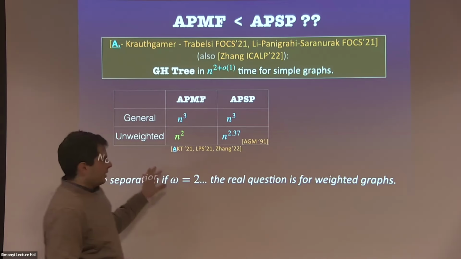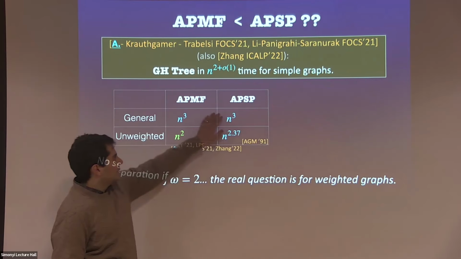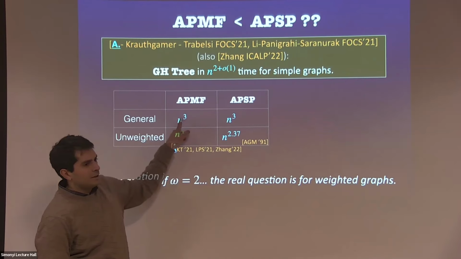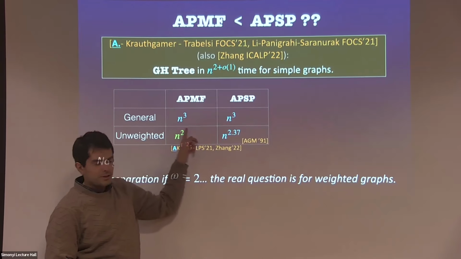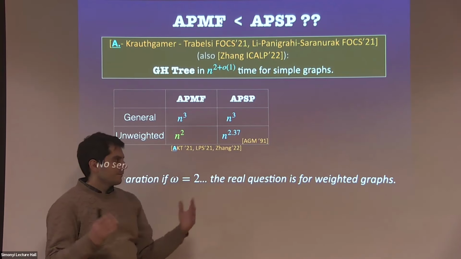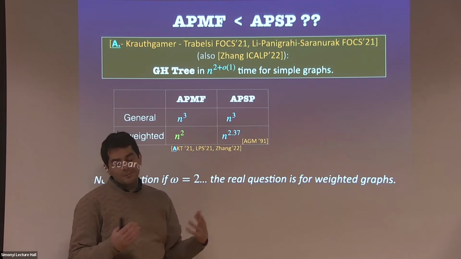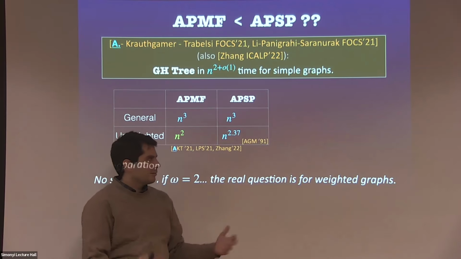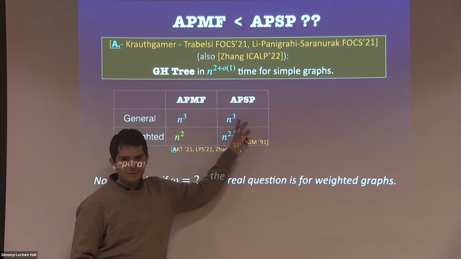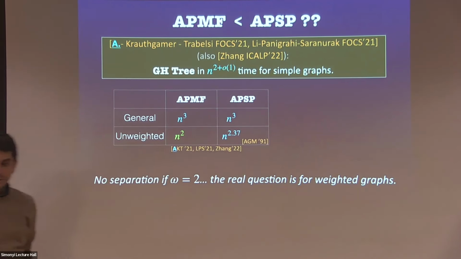So then, okay, if that's true, then the real question is for weighted graphs, where if you can break this bound, then you would get this counterintuitive separation, because here the experts are putting this conjecture, as opposed to this, where we don't really believe, or we don't have strong reasons to believe that this will be broken. So then if you do break this, then you would separate that into two problems.